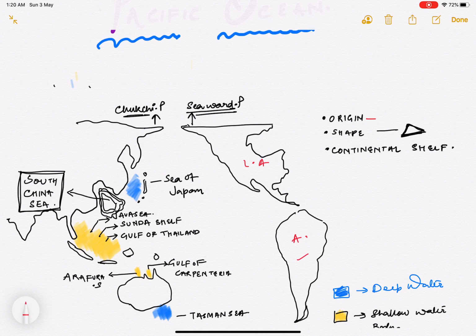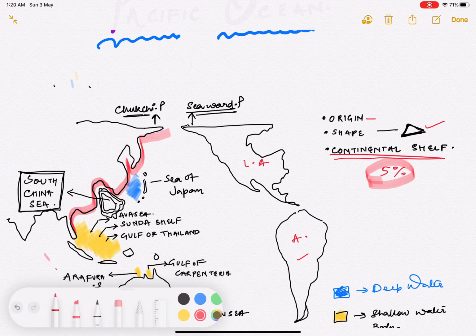As you can see, the Pacific is triangular in shape, and the continental shelf within the Pacific only occupies 5%. Why? Because of the destructive boundary over here. It's the destructive boundary that prevails in this region, as a result of which the continental shelf occupies only 5%.